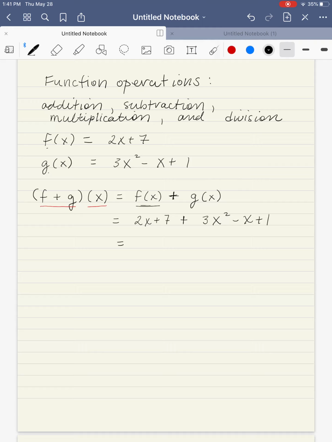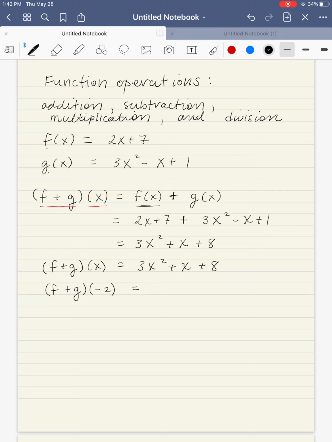And then I would combine like terms. 3x squared, 2x minus x is x, plus 7 plus 1 is 8. So that tells me that this new function, f plus g of x, is equal to 3x squared plus x plus 8.